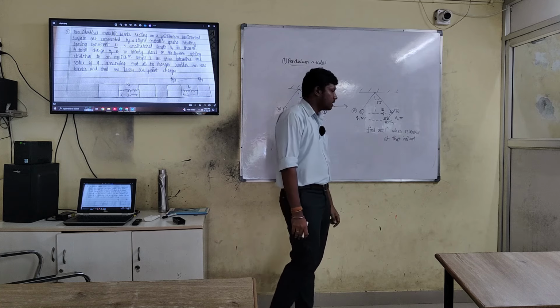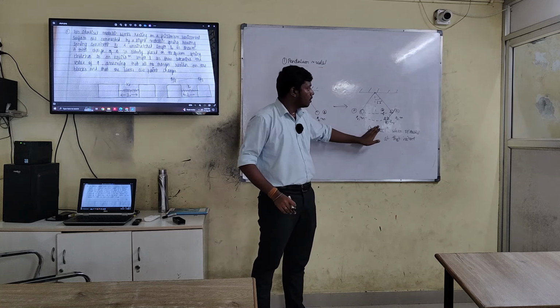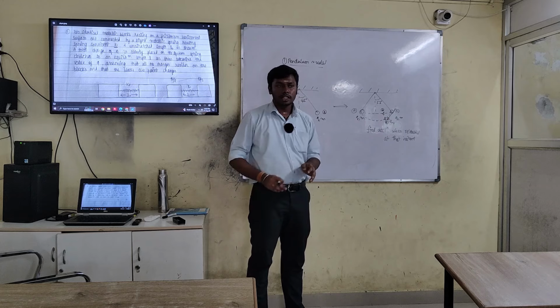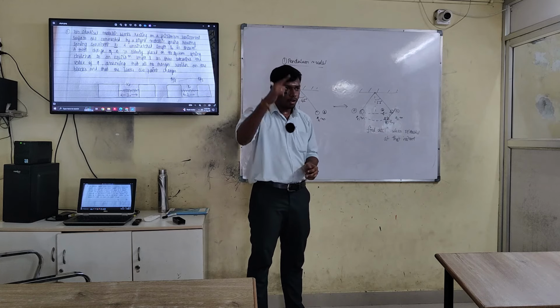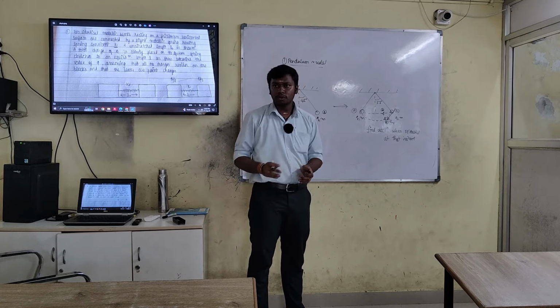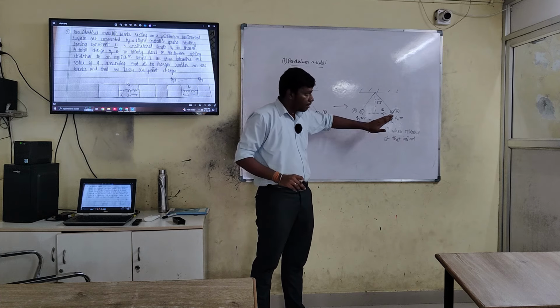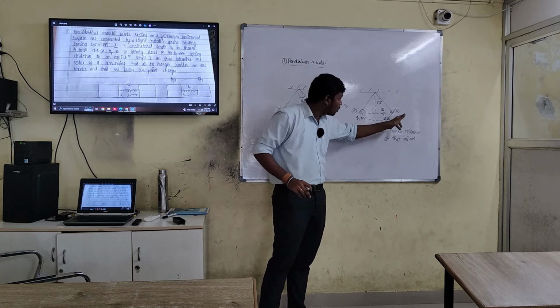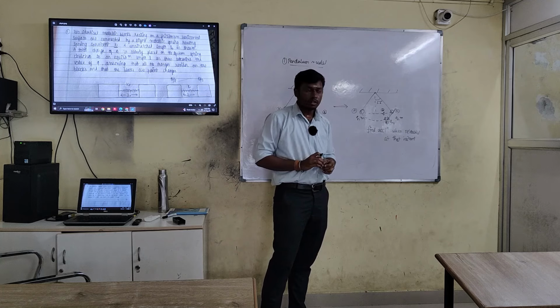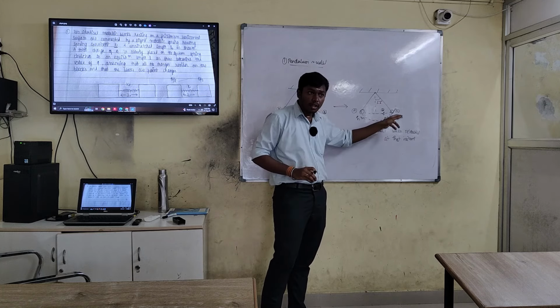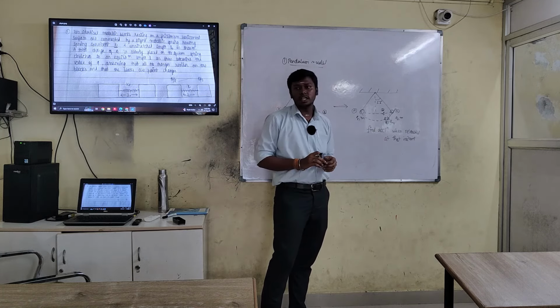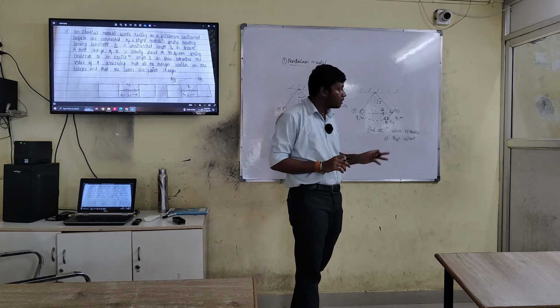Now to solve this question you have to resolve all the forces along A. Till now we resolved along the x axis and y axis, but here you have to resolve along A. Understood? I will give you this as homework.